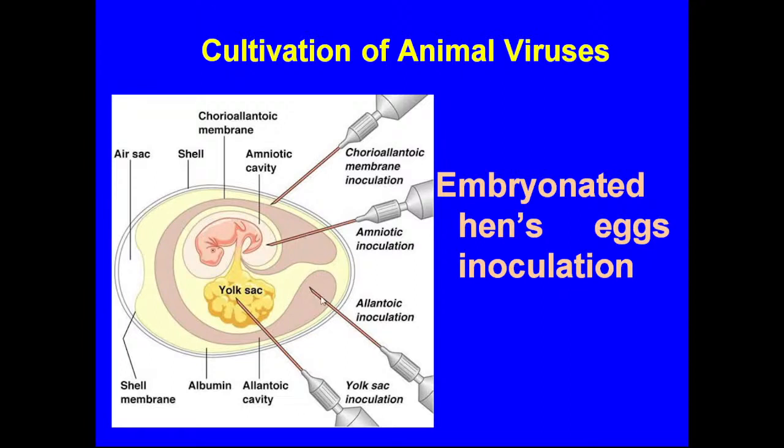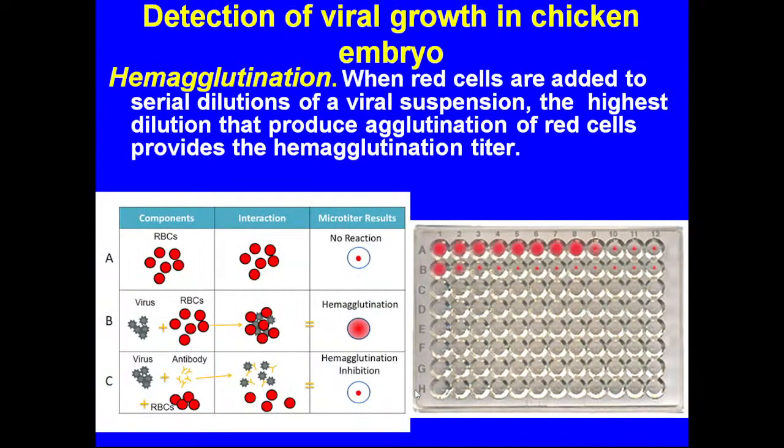So to indicate the presence of the virus, we suck out the allantoic fluid and assume that this allantoic fluid is a virus-containing liquid. We may perform several dilutions of this suspension and then perform the process of hemagglutination of the red blood cells.